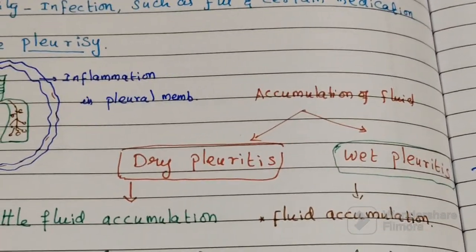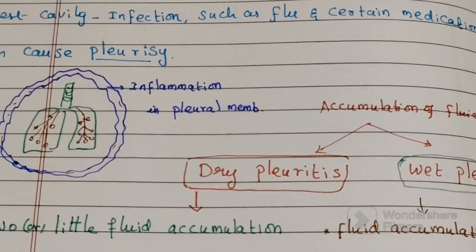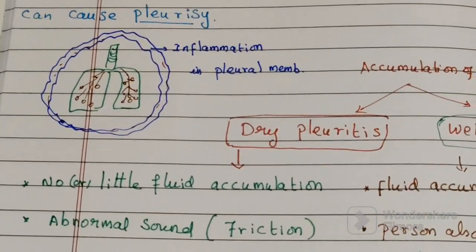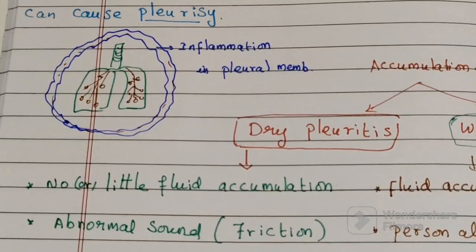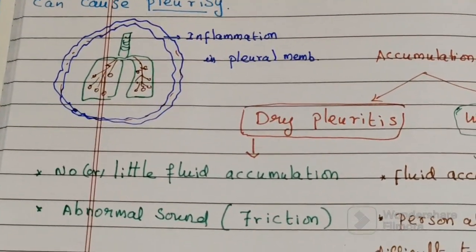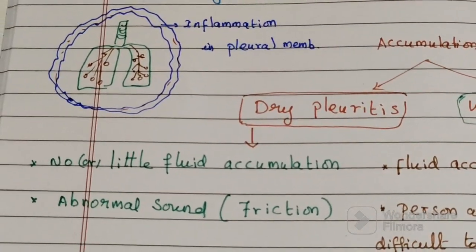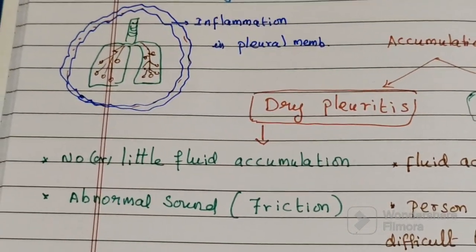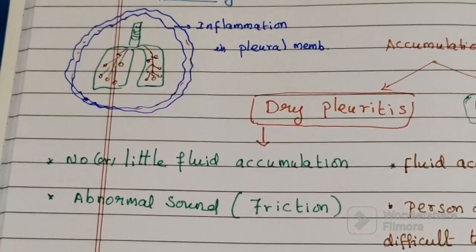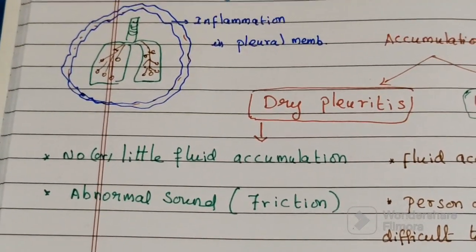First, let's discuss dry pleuritis. In dry pleuritis, there is no or little fluid accumulation. Using a stethoscope, the doctor hears an abnormal sound, and the patient may also feel it. Why this abnormal sound?